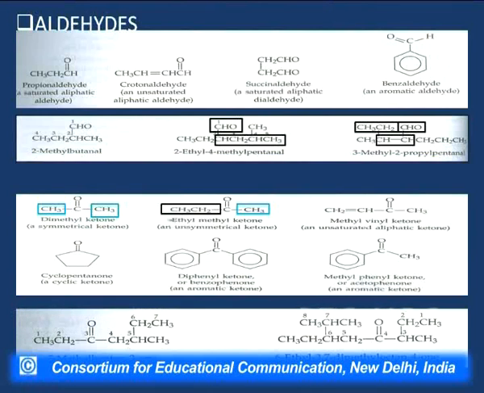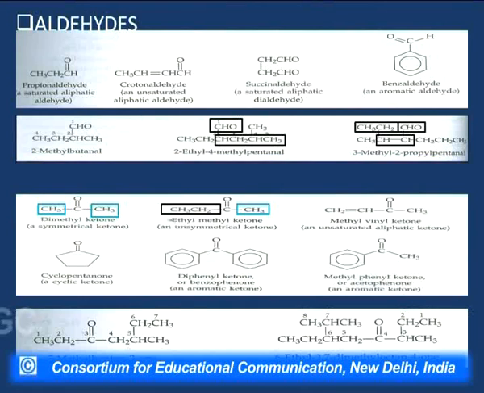Now, if you look at the third example, again we have 2 chains with the same number of carbon atoms. That is, we have a choice between 2 parent chains. In this case, we've taken the parent chain which has the larger number of substituents attached to it. That is, we've taken the branch chain from right to left.